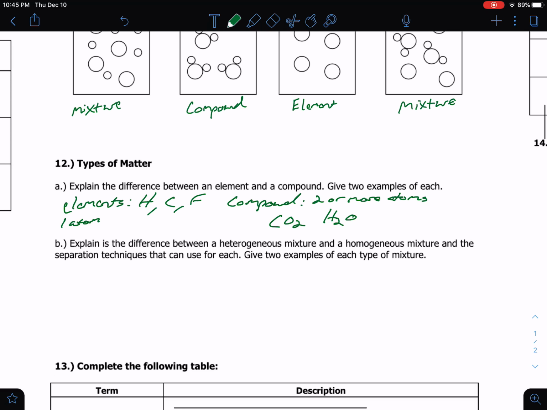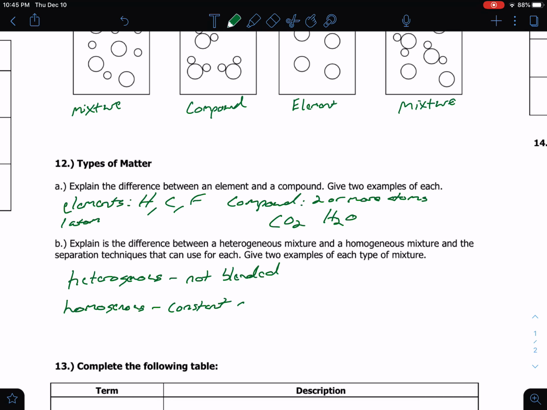And B, explain the difference between heterogeneous mixture and homogeneous mixture and the separation techniques that can be used for each. We kind of just talked about that again. Heterogeneous means it's not blended, so you can see the different particles throughout it. Homogeneous is going to be well blended, a constant composition.